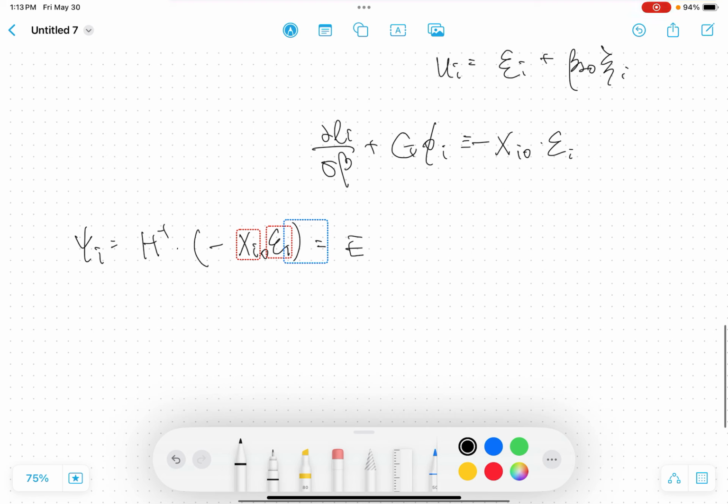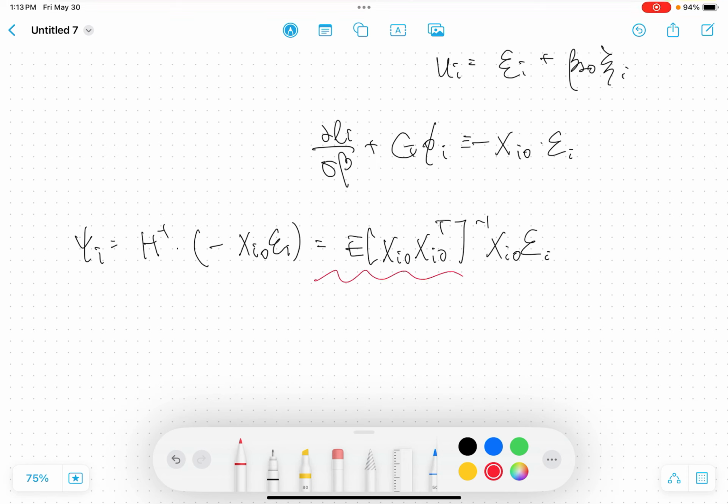Minus cancels out, xi0 transpose inverse xi0 epsilon I, right? This is the desired result.